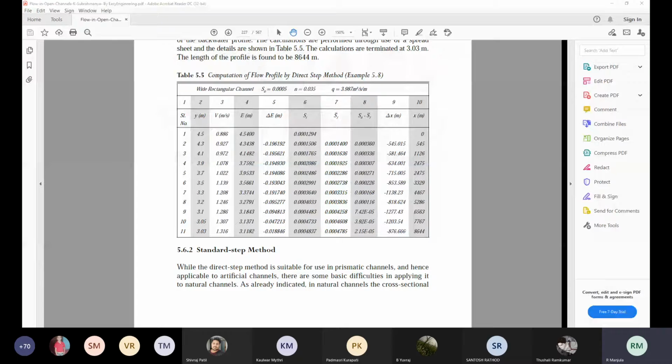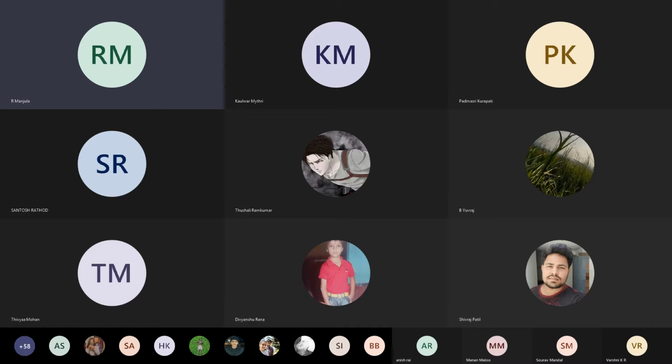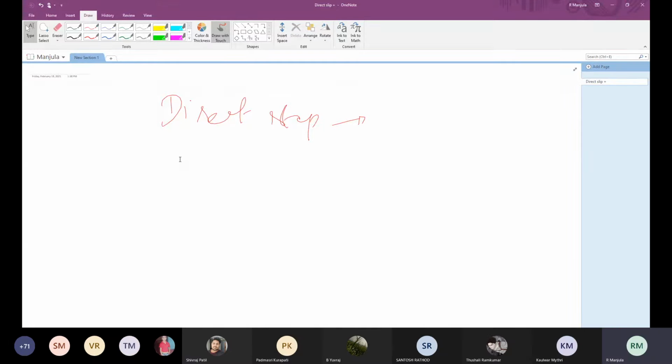So the direct step method which we use is used basically for prismatic channels.